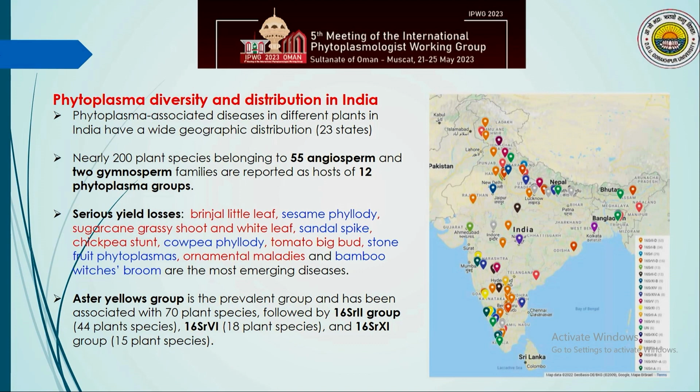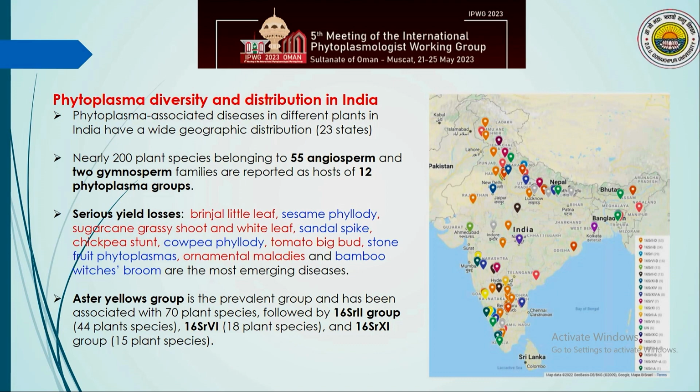For the last 2 years, we have been surveying bamboo. Bamboo is becoming a very important economic crop in India, especially in the northeast part of India, and it is a very serious concern. We have reported 3-4 phytoplasma groups.